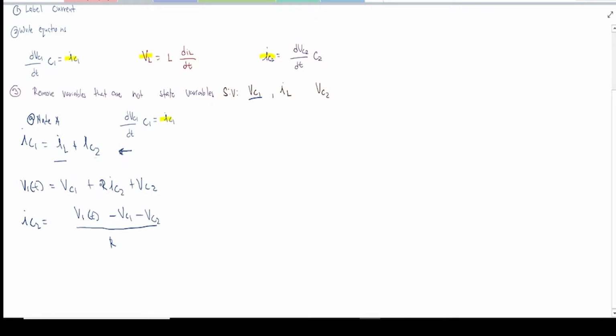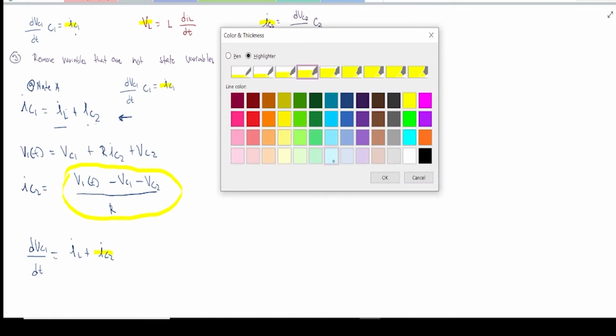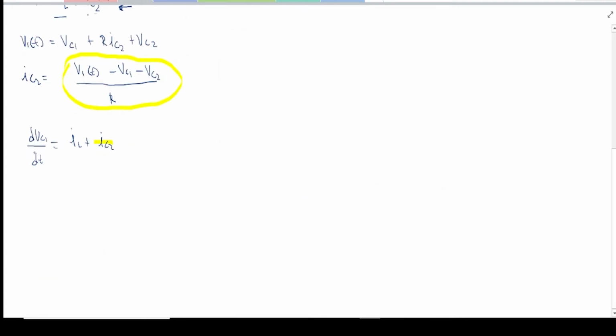So if we put this and then this into this one, okay, that's one. And this is not a state variable, so we're going to replace it with this one, which is a state variable. Forgot to add the C1, it should be right here.